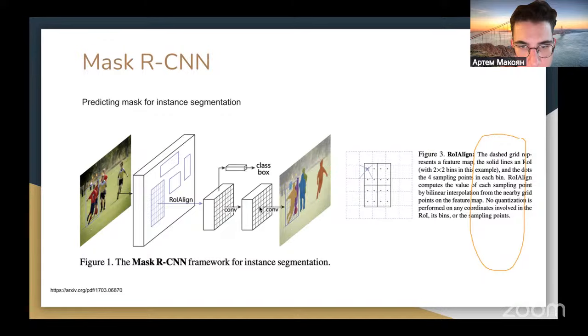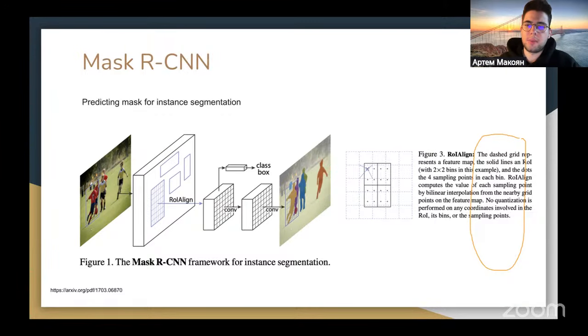But after, for each box, we upsample the image, and for each pixel, make segmentation for each box. In fact, we took the previous architecture where we predicted bounding boxes and say something like, for each bounding box, let's make segmentation. Not very hard.